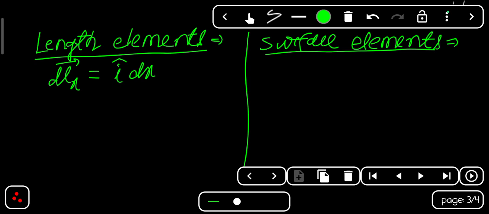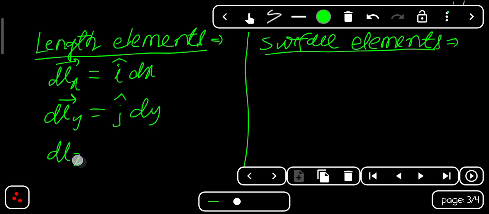Next, the length element along the y axis will be dly equals j cap dy, and dlz equals k cap dz. These are the length elements in different directions.